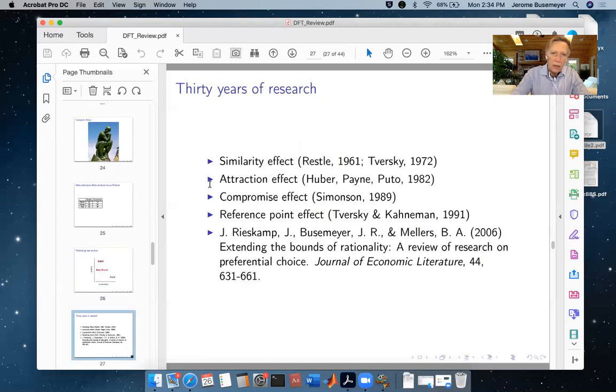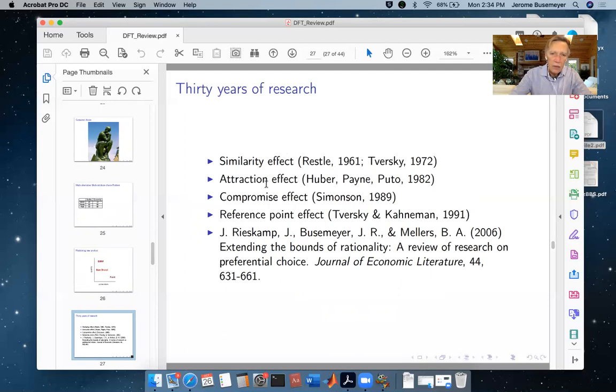So let's take a look. We're going to review 30 years of research, and these 30 years of research caused a real puzzle for traditional economic theories of choice, because these findings that I'm going to summarize rule out lots of economic models and seem to violate some kind of rational choice axioms. We're going to look at something called the similarity effect that was investigated in the 1960s and 70s.